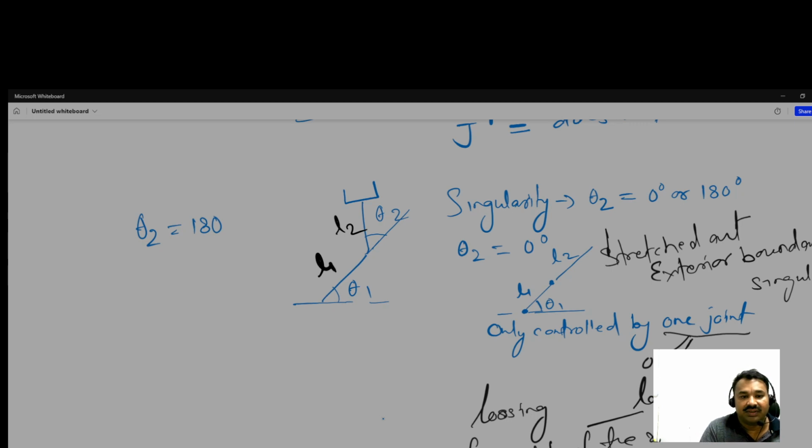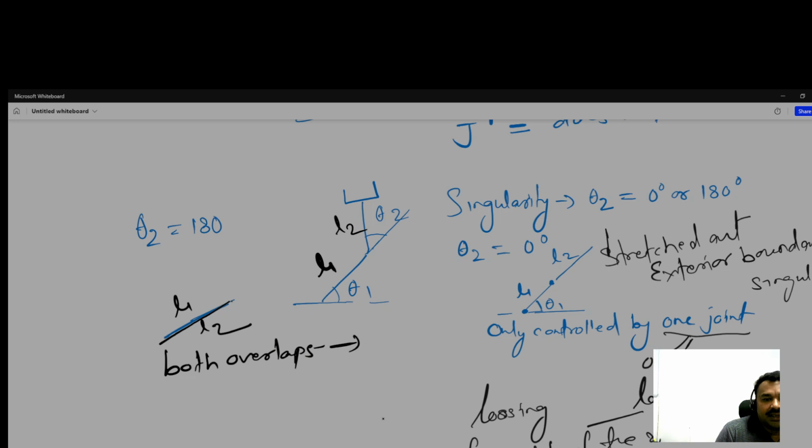Link 1 and link 2 both overlap, so here again we lose 1 degree of freedom. This kind of singularity is known as the interior singularity.